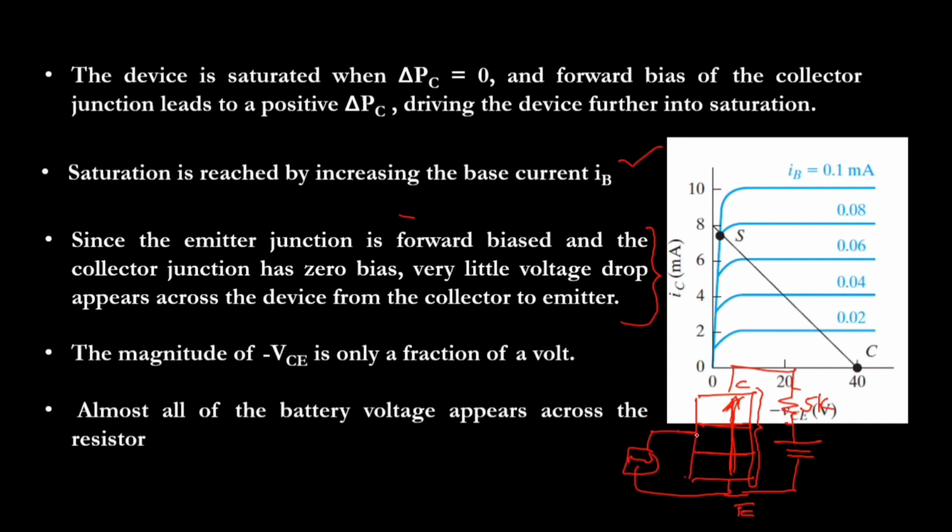When we apply a positive pulse to the base, the emitter junction is going to be forward biased. Then the excess hole concentration at the collector junction becomes 0. The moment it becomes 0, that junction is going to be slowly forward biased. This is the behavior of the BJT when both junctions are forward biased.